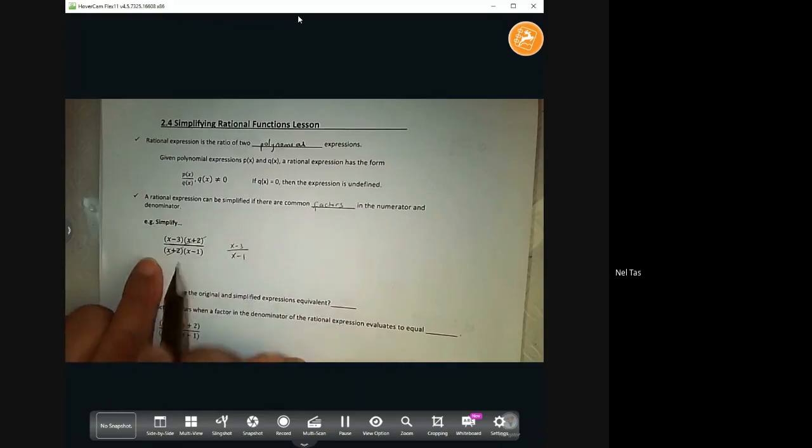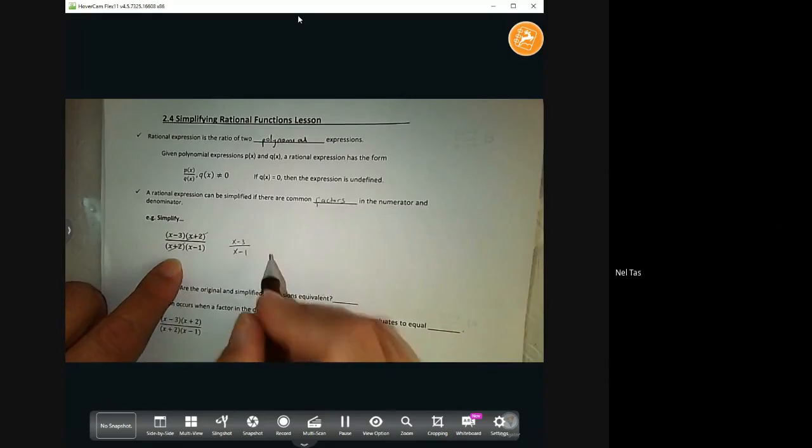Okay, so when you look at this, we call it restrictions. Whatever makes the denominator 0, we call those restrictions. So in this case, the denominator becomes 0 if one of these factors is 0. So you get x plus 2 equals 0, x minus 1 equals 0.